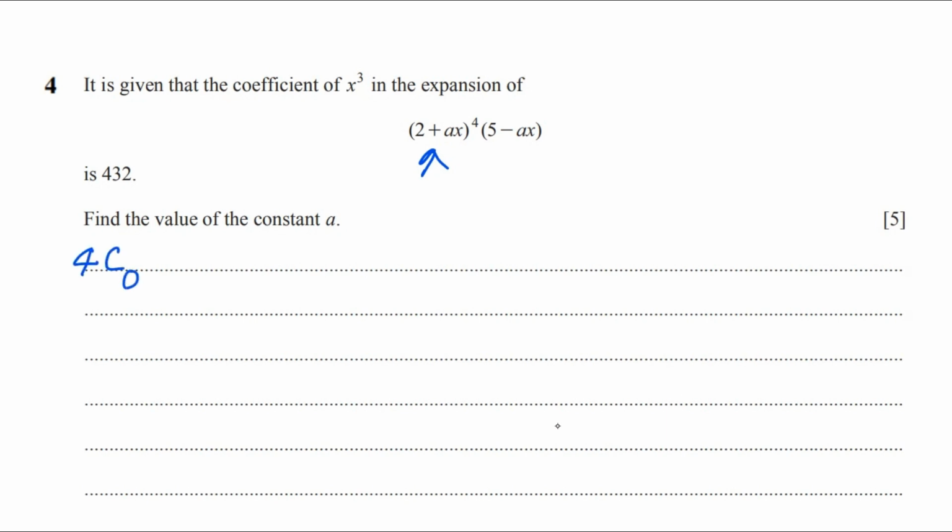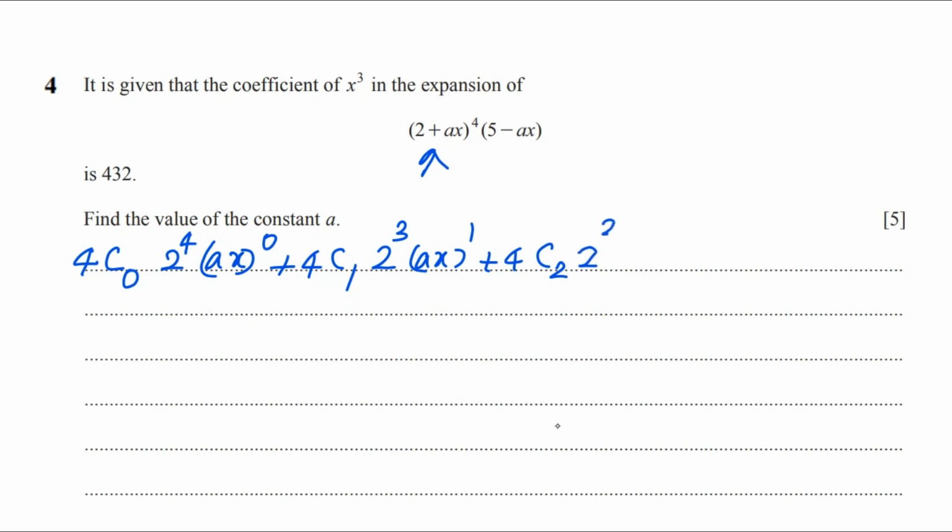4C0 2 power 4 (ax) power 0 plus 4C1 2 power 3 (ax) power 1 plus 4C2 multiplied by 2 power 2 (ax) power 2 plus 4C3 2 power 1 multiplied by (ax) power 3.